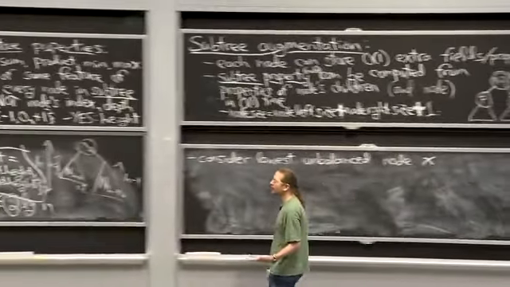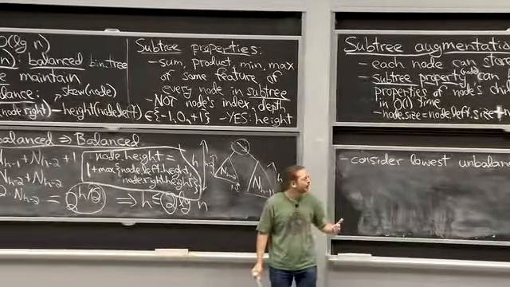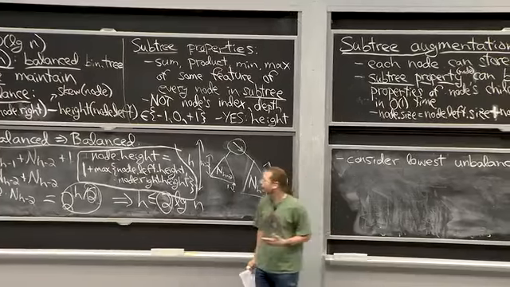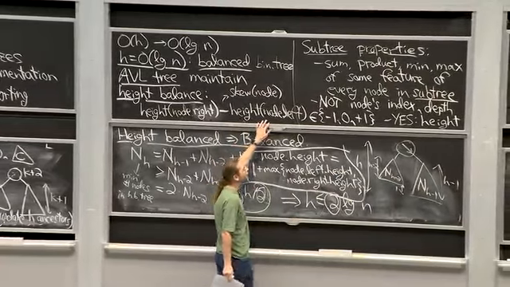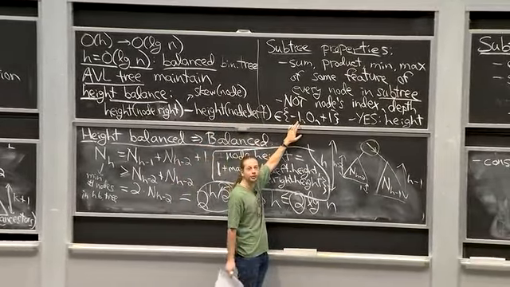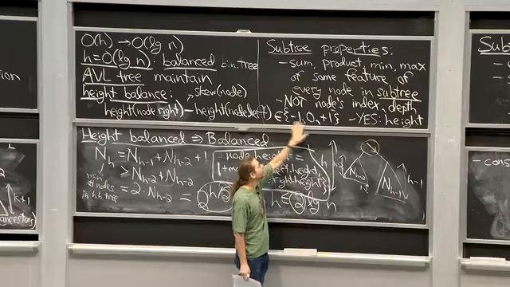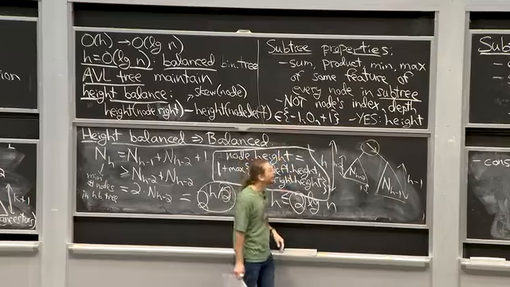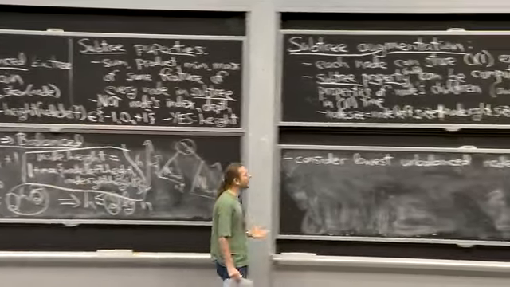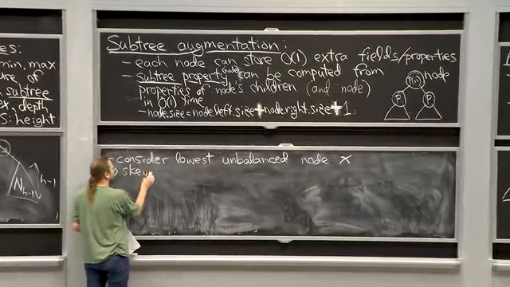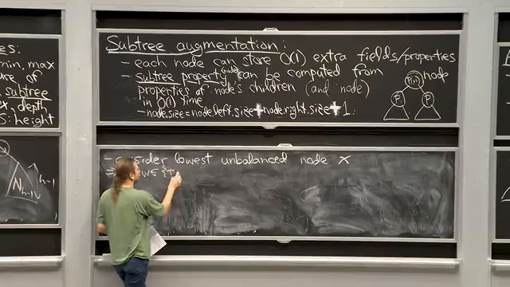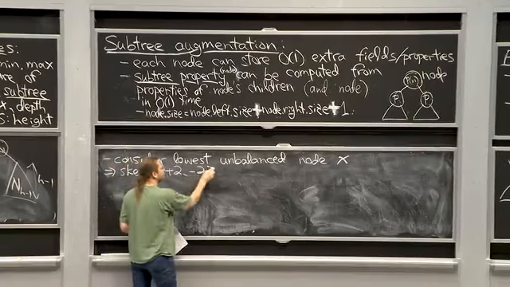Because we only changed height, one height went up by 1 or one height went down by 1. And before, all of our skews were plus or minus 1 or 0. So now it's good. The bad case is when it's plus or minus 2. If it happens to still be in this range for all the nodes, we're happy. But if it's outside this range, it's only going to be out by 1. So this means the skew is plus 2 or minus 2.